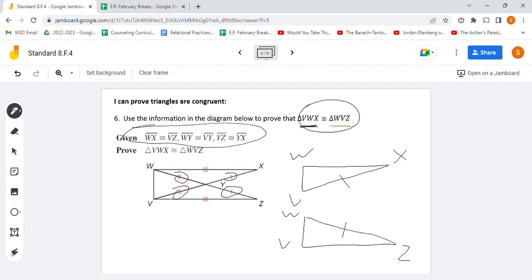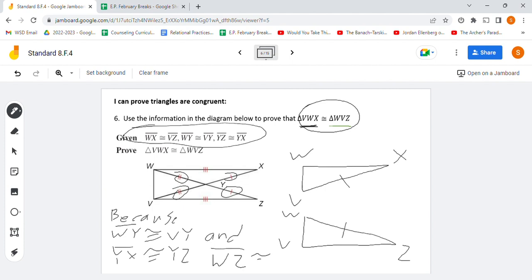So we will write because WY is congruent to VY and YX is congruent to YZ, we can add those together to get WZ is congruent to VX.